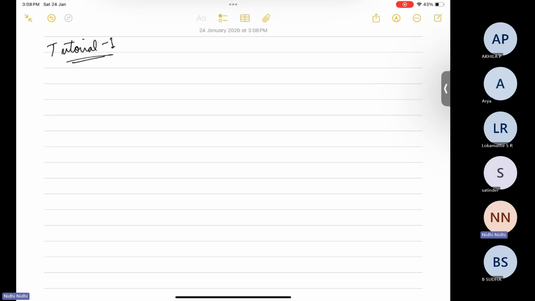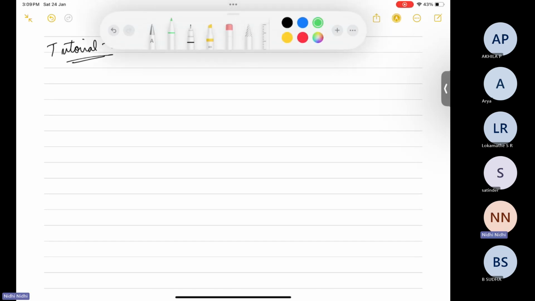Okay, so let's start with a bounded set. When do we call a set bounded below?